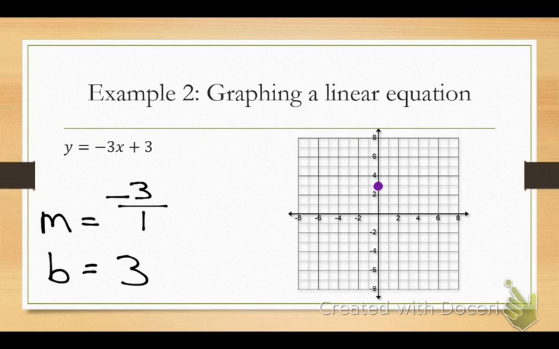Down 3 and then... How did you know you were going down 3? Because it's negative. But when it's negative, does that mean I go left on the run? No, I never go left. I always go right. So I go down 3 over 1, plot my point, and I can draw my line, and I've graphed the linear equation.